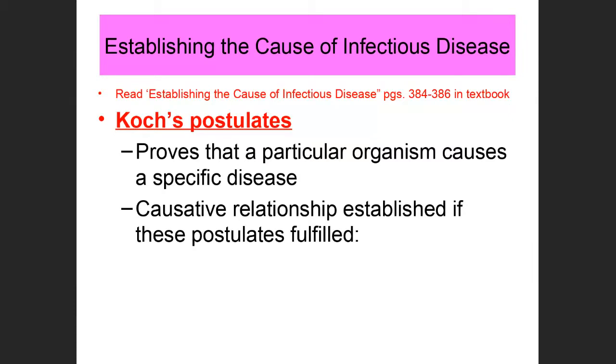These postulates were put together by Koch, who was a German physician of the turn of the 19th century, so late 1800s, beginning 1900s. He was a contemporary of Pasteur, and he and Pasteur were trying to show that bacteria could cause disease, and he's the one who ended up showing it conclusively.